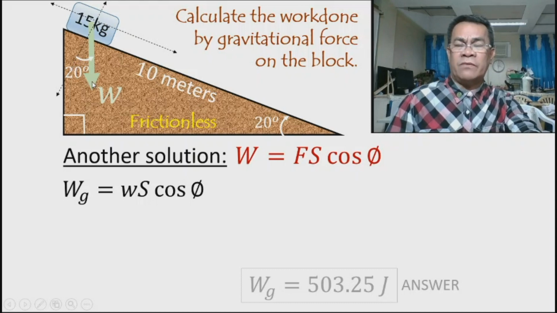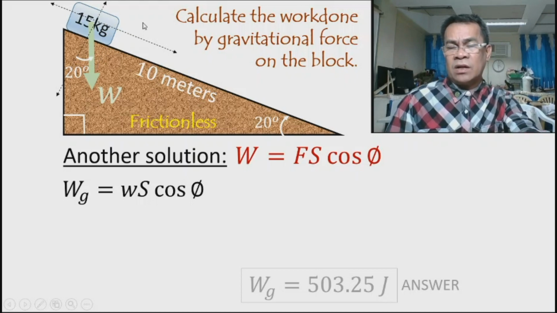So take note, where is your P? Your P is the angle from the displacement towards the force. In this case, this is our displacement, and where is our force? This one. And this is in a clockwise direction. Clockwise direction is negative.